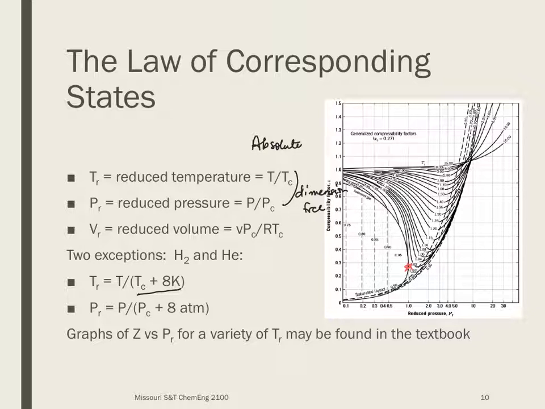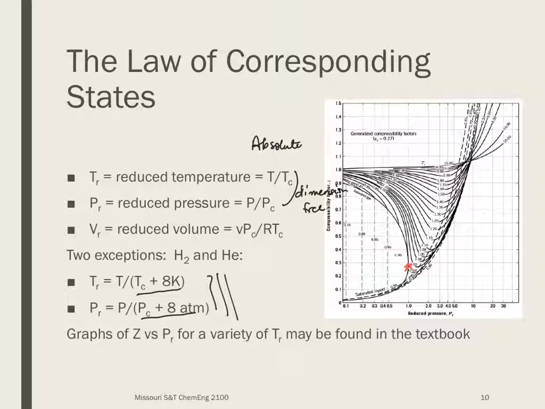And for the reduced pressure, you're going to divide the actual pressure by the critical pressure plus 8 atmospheres. So hydrogen and helium get this special little extra step here because they're so tiny they don't really follow the rules quite as well as the others.